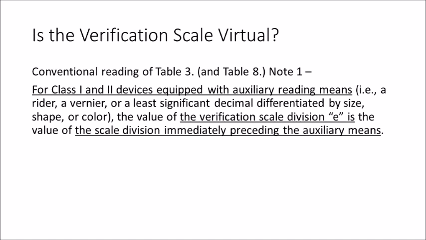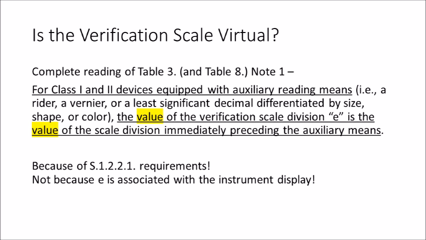Class 1 and 2 devices equipped with auxiliary reading means. These are riders, verniers, or least significant digits that are differentiated. The verification scale division E is the scale division immediately preceding the auxiliary means. And this is how we have read this section incorrectly for 35 years.